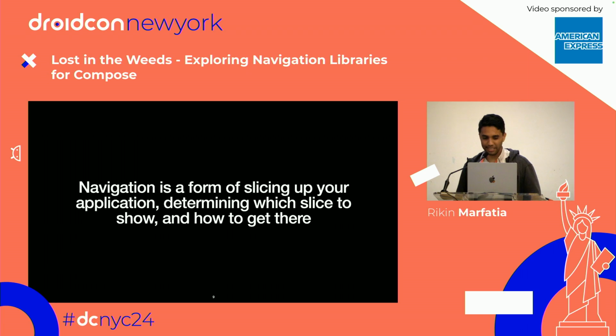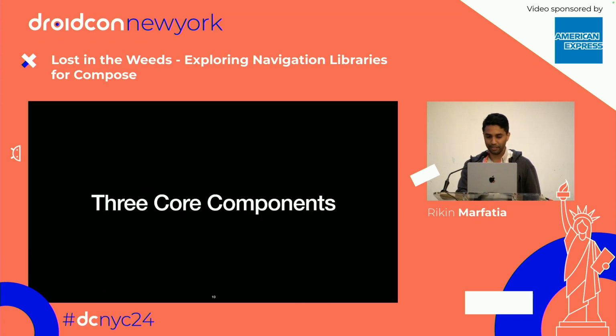The reason I use slice is because a lot of times you're dealing with layers of screens or paths in your application. I would use state, and I do sometimes still use state, but I feel like state is such an overloaded term. So this is a definition that I came up with.